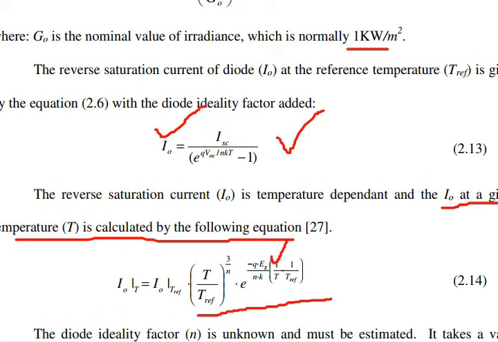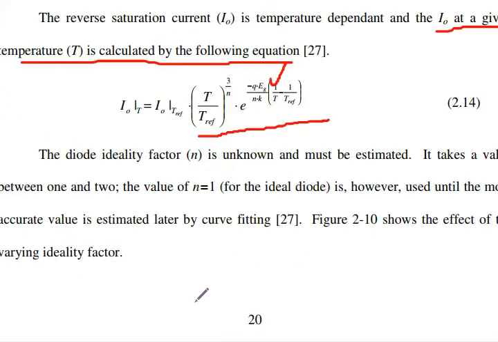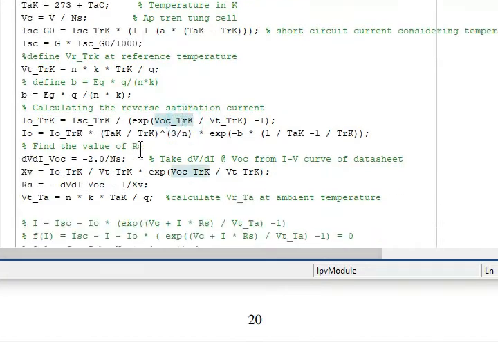I think it's now more clear. So it's implemented here. I short circuit divided by exponential of V open circuit divided by V_T at reference. This is the standard at any reference temperature.